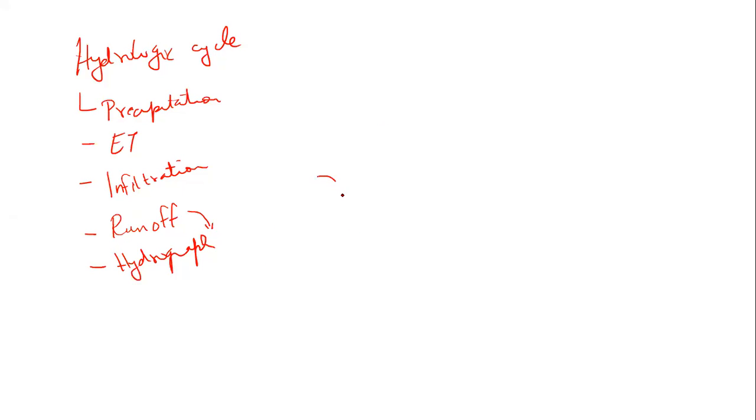Let us say I have a reservoir like this. I'm just showing a cross-sectional view, but naturally it will also have a plan. Let us say the reservoir at some time t has some water level h, which is a function of time.